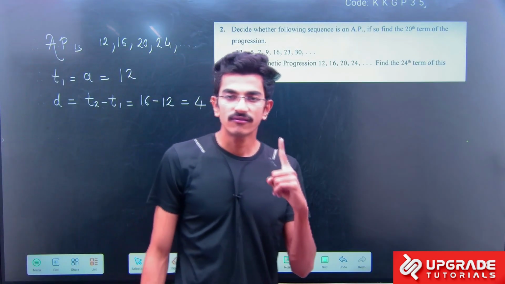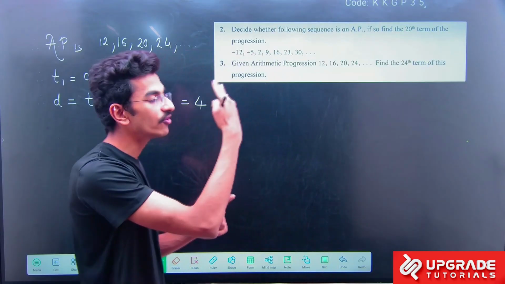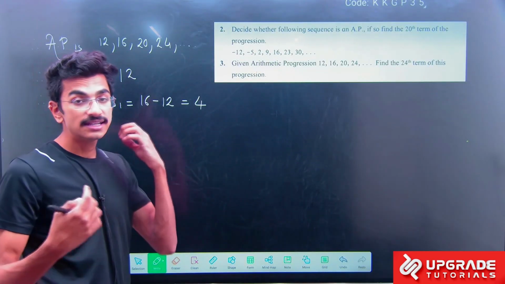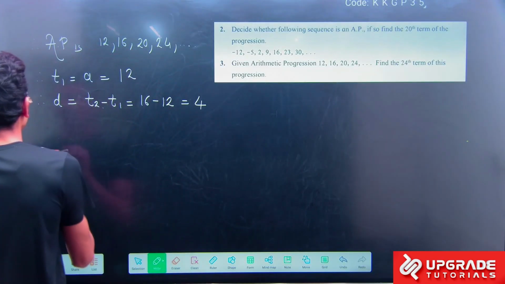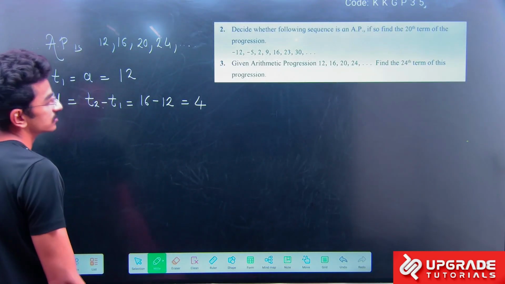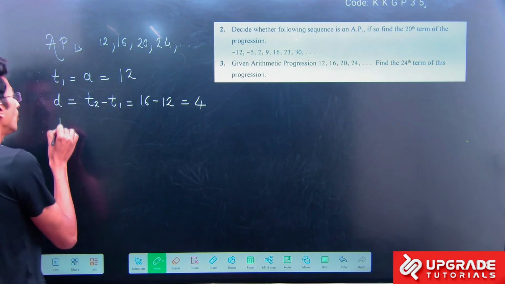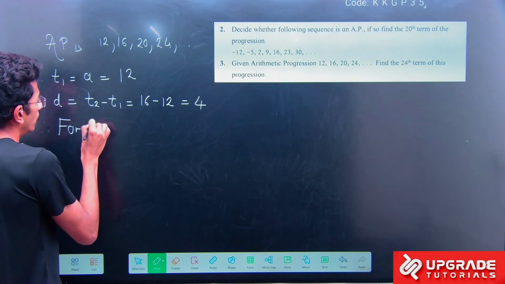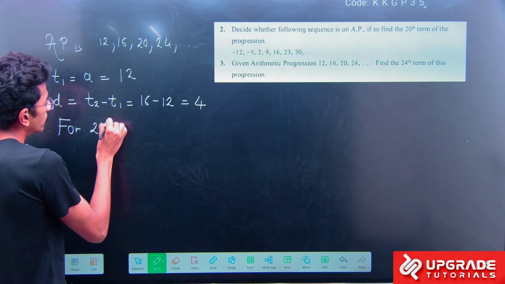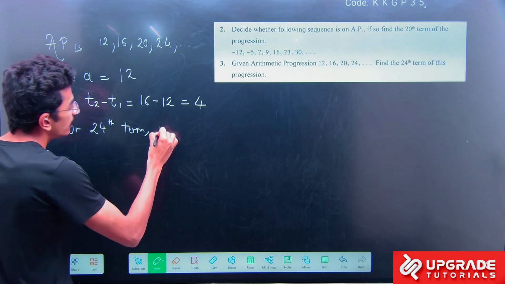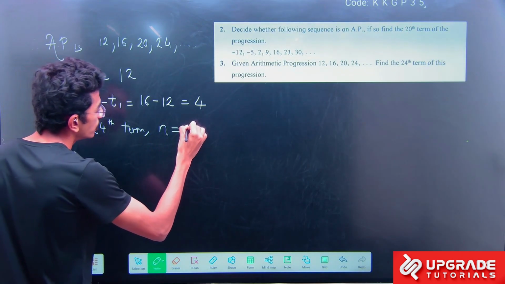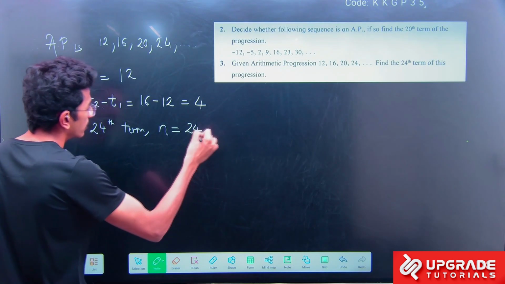Just find one value of D, it will be the same for all the remaining terms because it is given that the sequence is in AP. Now, we have to find the 24th term. Therefore, for the 24th term, what will be the value of n? N is nothing but 24.